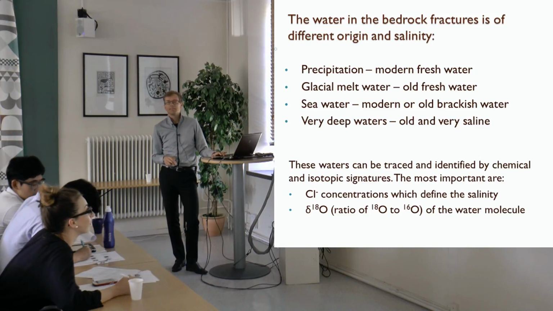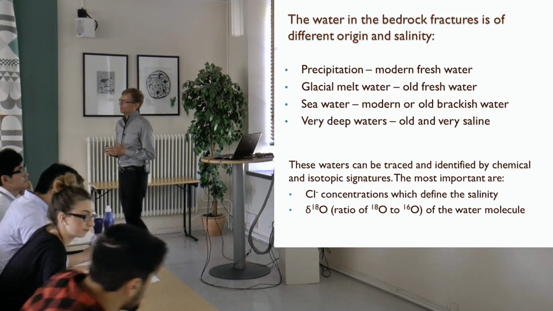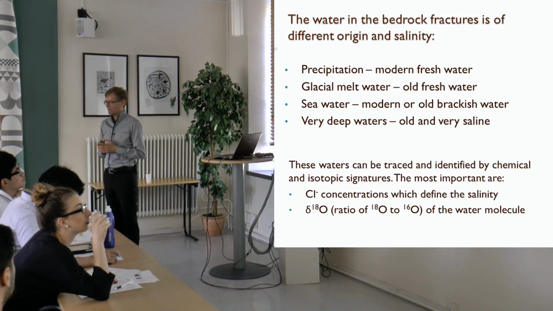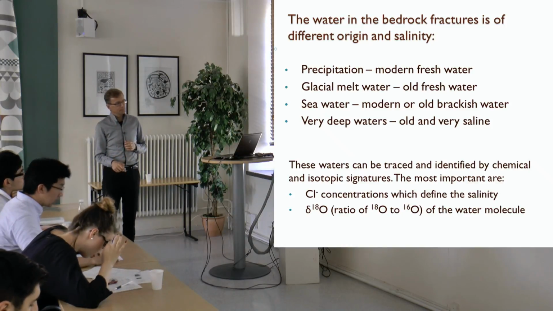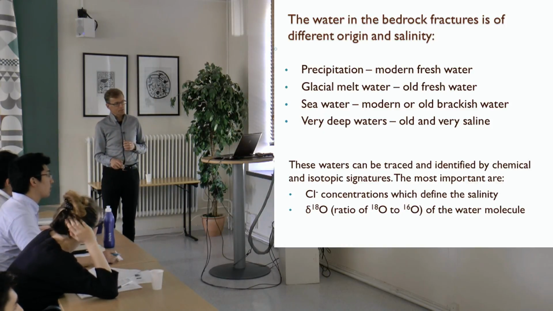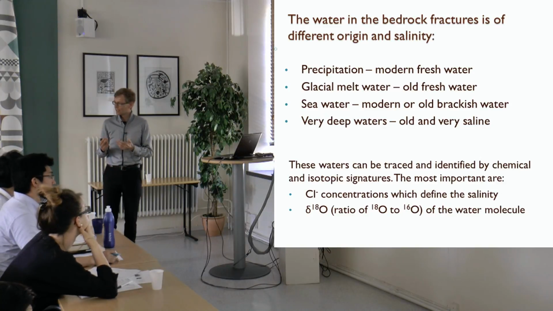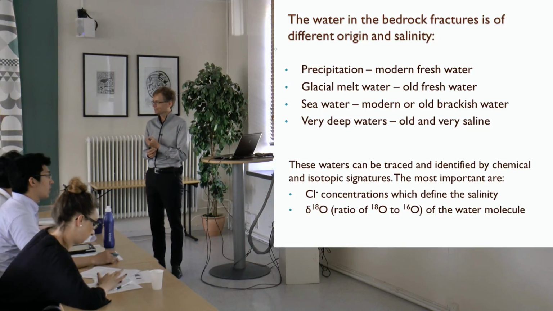Now, these different waters can actually be identified by quite simple measures. We can measure the chloride concentrations, and that will define the salinity. You know, chloride, that is the main ion in seawater.